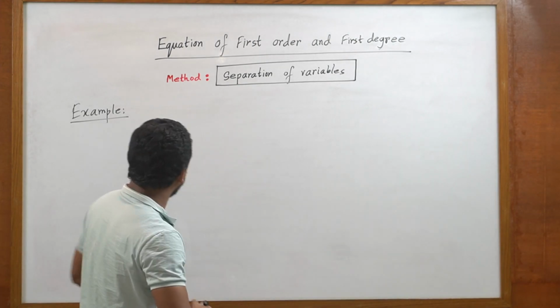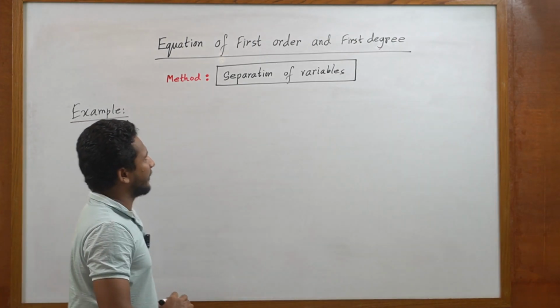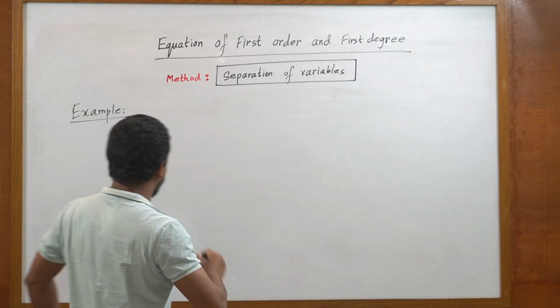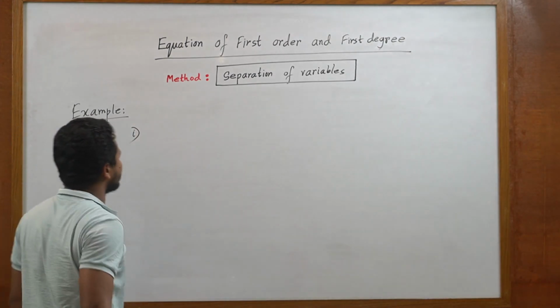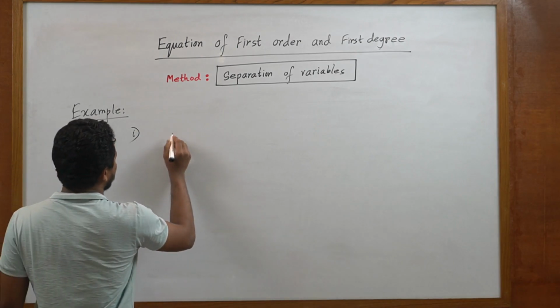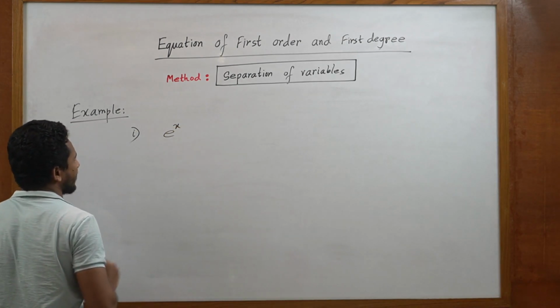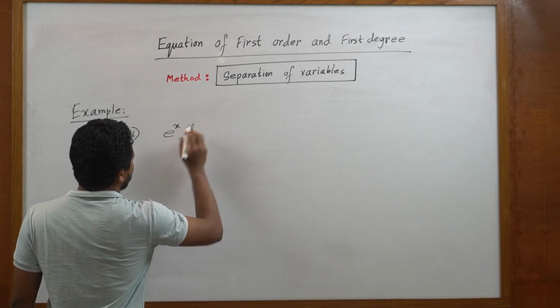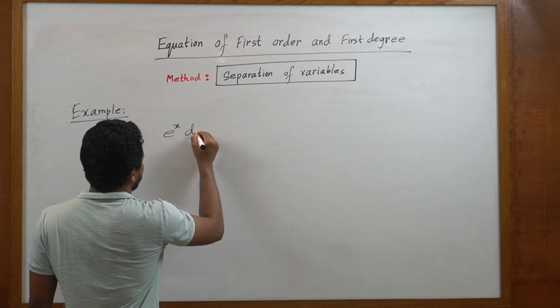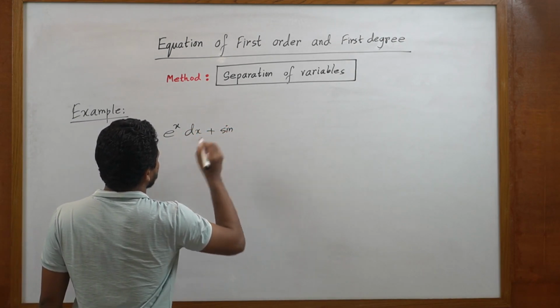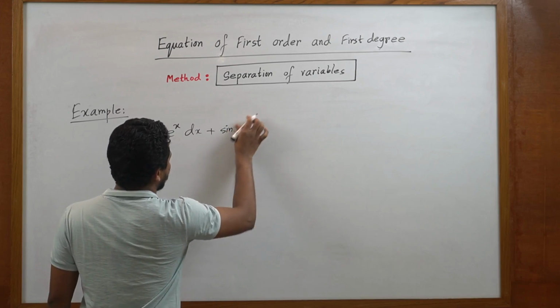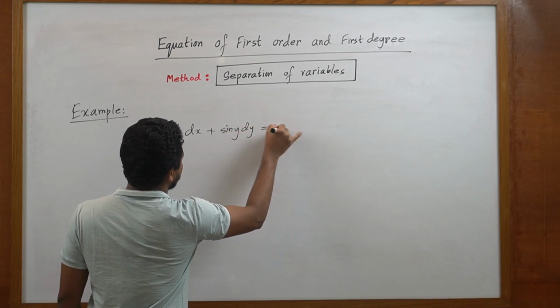Now we will go to an example of applying the separation of variables method. Suppose e to the power x dx plus sin y dy equals 0.